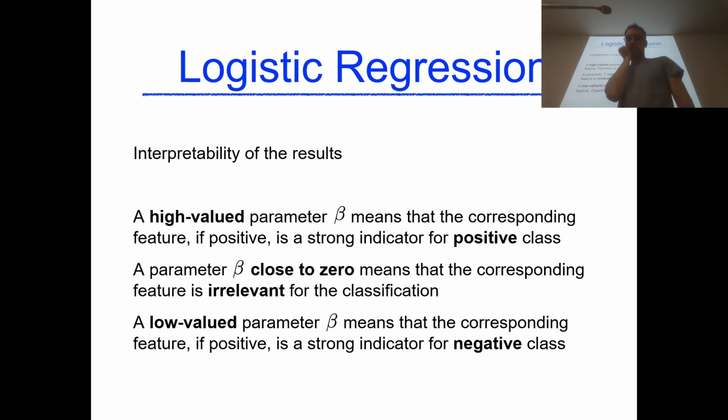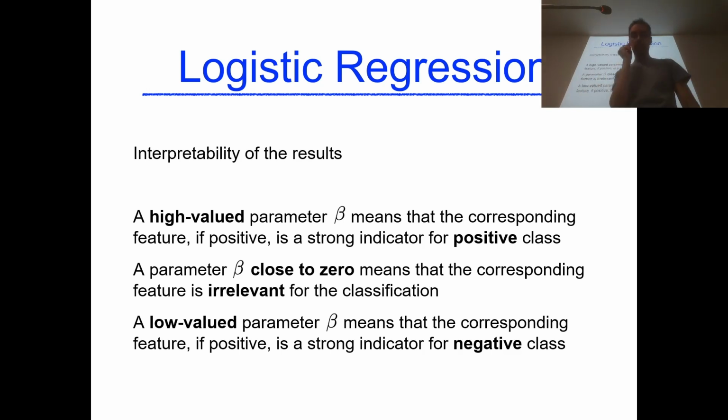How can we interpret the parameters? I mean, decision trees were nice because they were easily interpretable. So let's do a check. Is logistic regression easily interpretable? Well, yes. Because, for instance, if we look at the parameters of any single feature, the parameters are associated to each of the features, humidity, temperature, whatever.